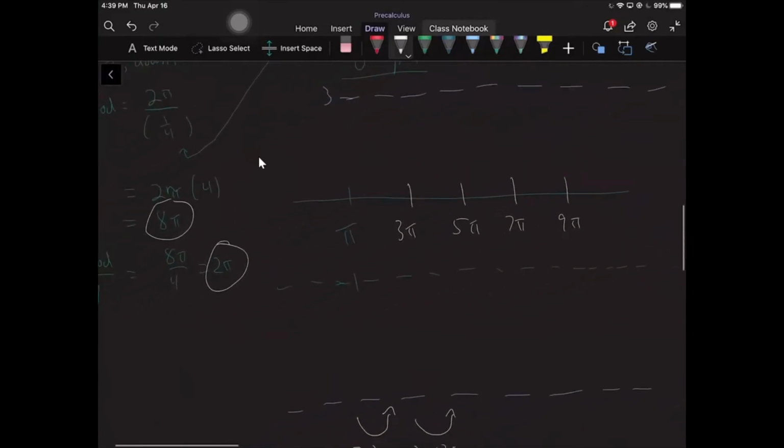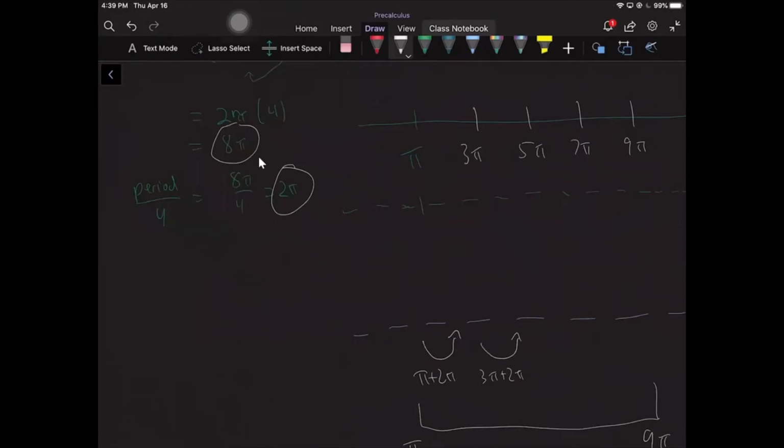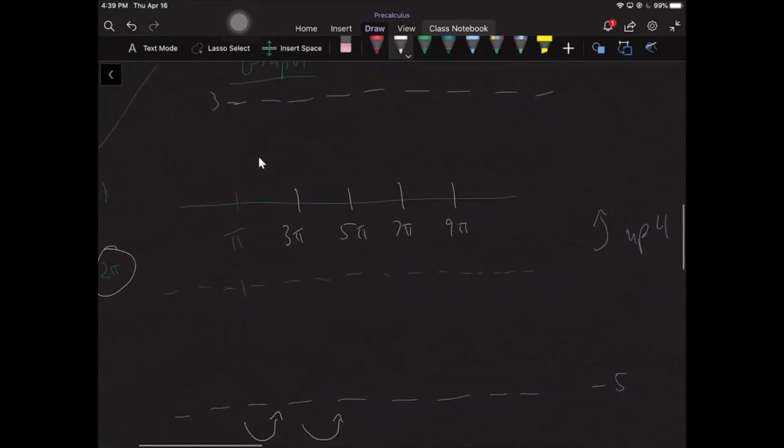So now we're ready to graph because we already know that cosine always looks the same. It always looks like this. And so we just have to redraw those dots at the tick marks that we made. So the first dot, the beginning of the graph, is at the top because it's cosine, then it goes to the middle, then it goes to the bottom, then back to the middle, and then back to the top.